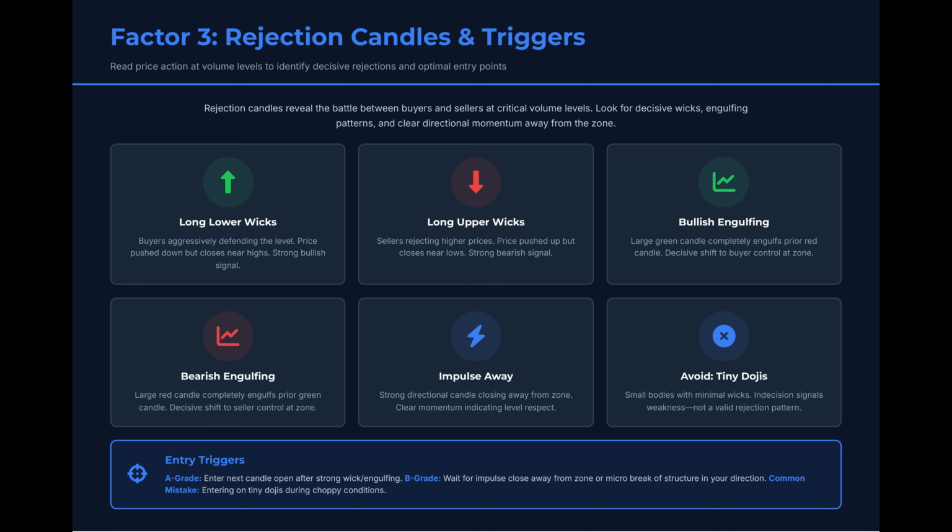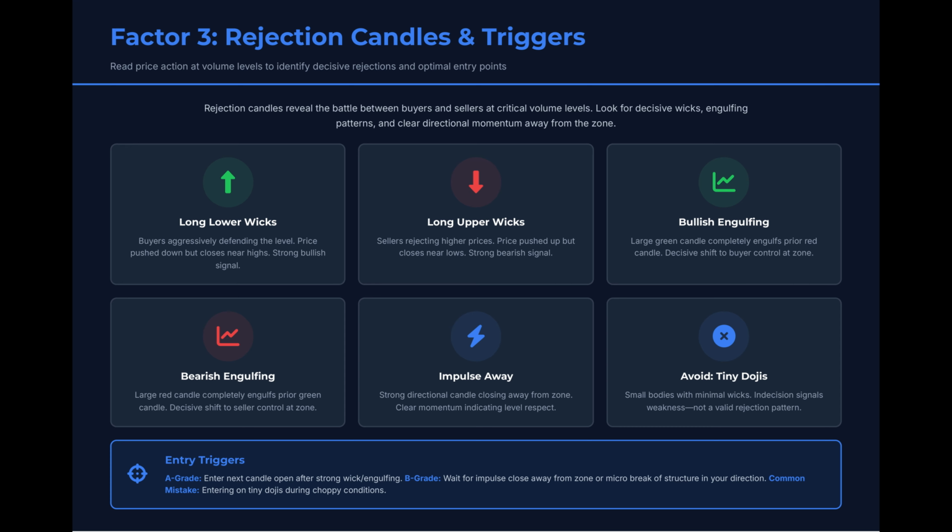Example 4. No rejection. Price drifts toward the weekly POC at 65.30. A candle prints. Price blew straight through the level with no pause. Factor 3 score: 0 points. Remember, rejection candles show real-time institutional commitment. This is your confirmation to enter or skip.